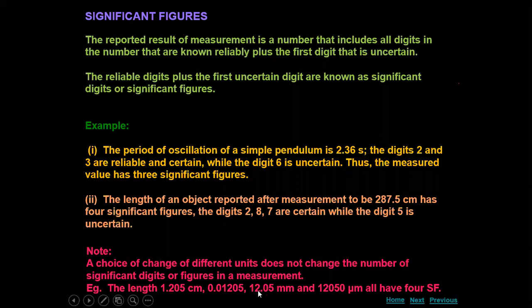Now the length is 1.205 centimeters. Here we have 4 significant figures. Again when we convert it into 0.01205, or 12.05 mm, or 12,050 micrometers, in all of them we will have 4 significant figures only. That means if we go with this number, 1205, these 4 are our significant figures.